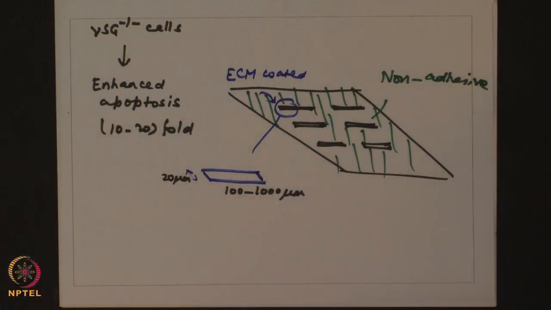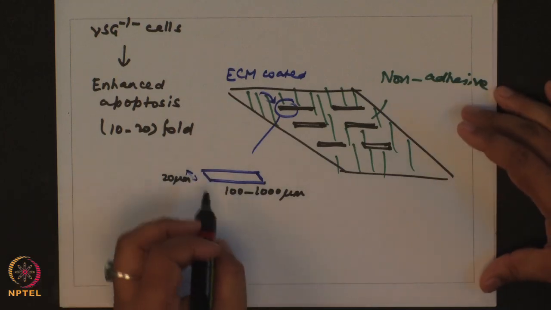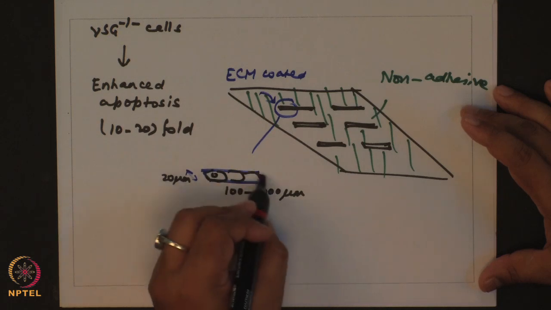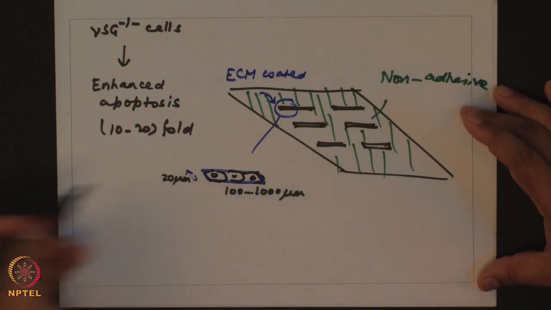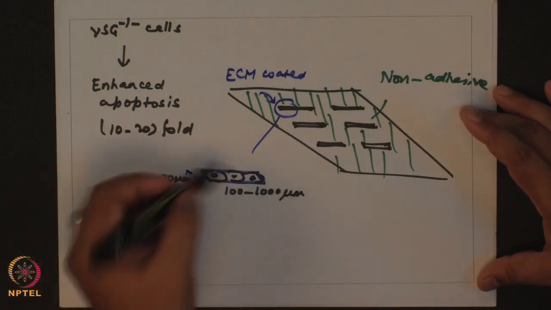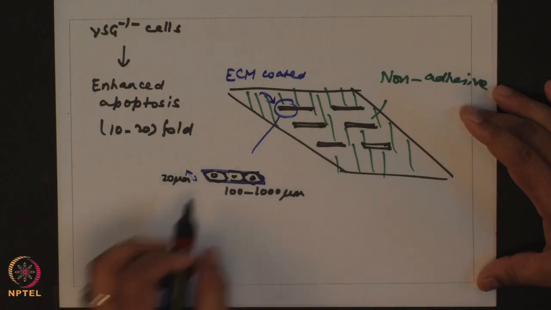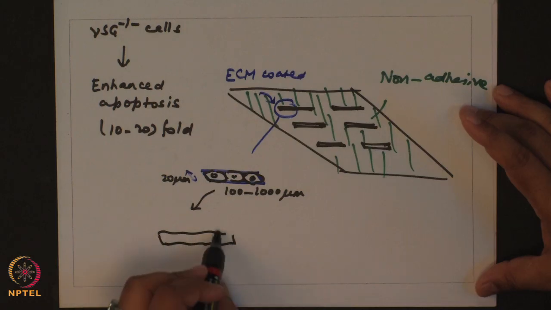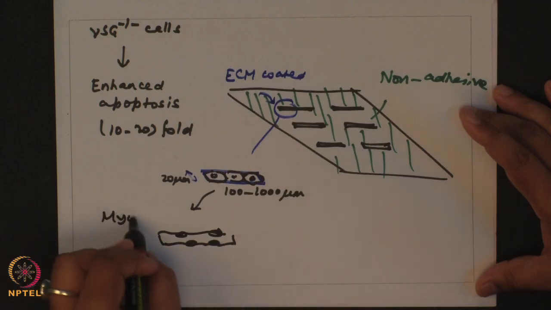So, when you plate cells, the cells will populate these patterns. You have myoblasts which are aligned and populate these patterns, and these myoblasts finally fuse to form multinucleated myotubes.